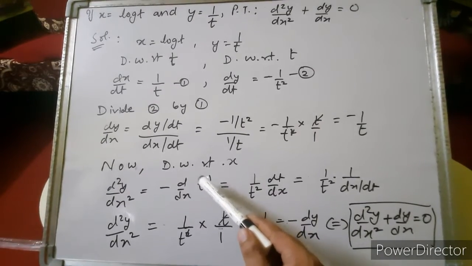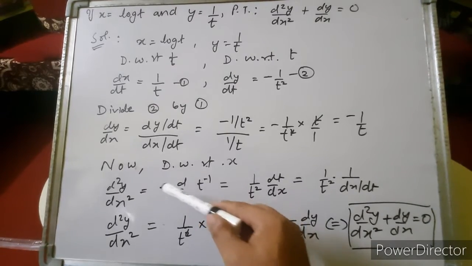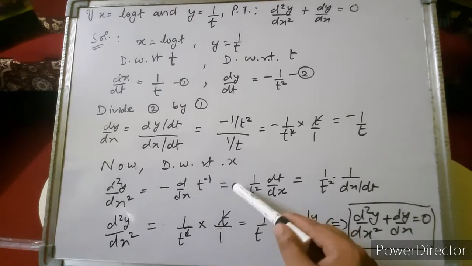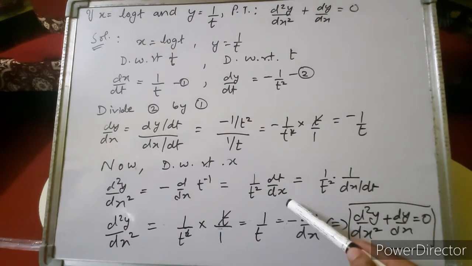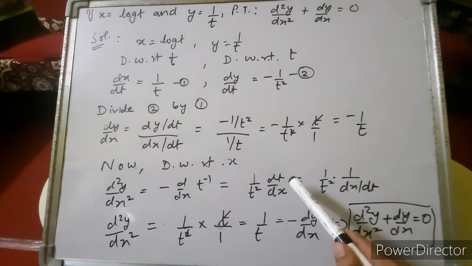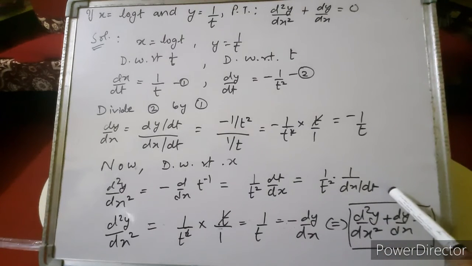So when we do the differentiation, this power will come in front, minus 1 t to the power minus 2 will become minus minus plus 1 upon t square dt upon dx. Now this is very important, children. If we differentiate t with respect to x, what we get is dt upon dx. Now this dt upon dx can be written as 1 upon dx upon dt.